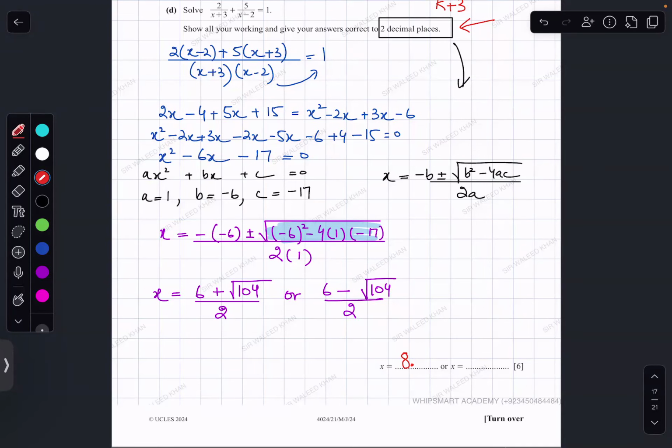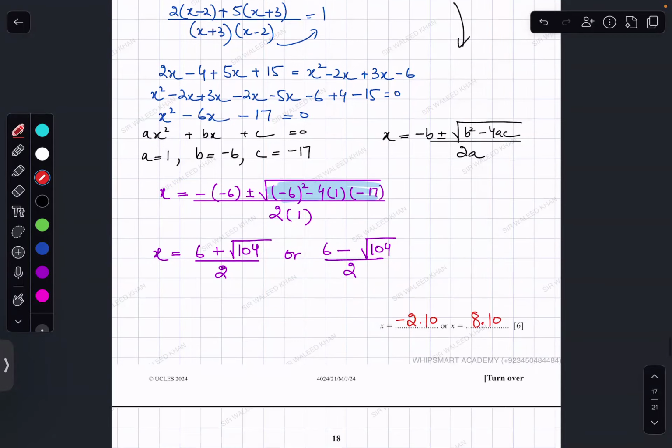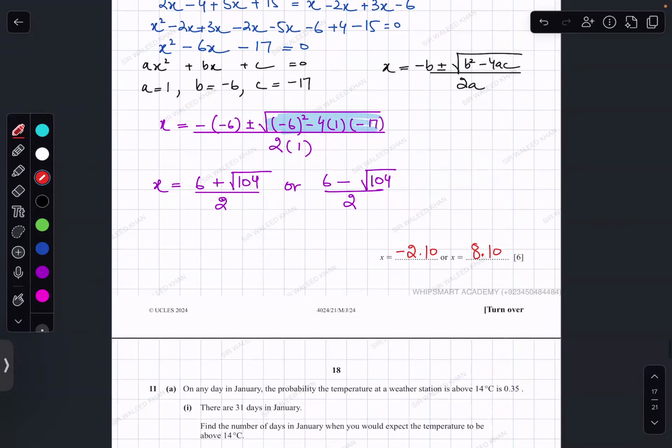What is the decimal after 9? 9. So that makes it 10, right? So we have minus 2.10 and 8.10. That's your answer. If you get this wrong, your 1 mark will be deducted.